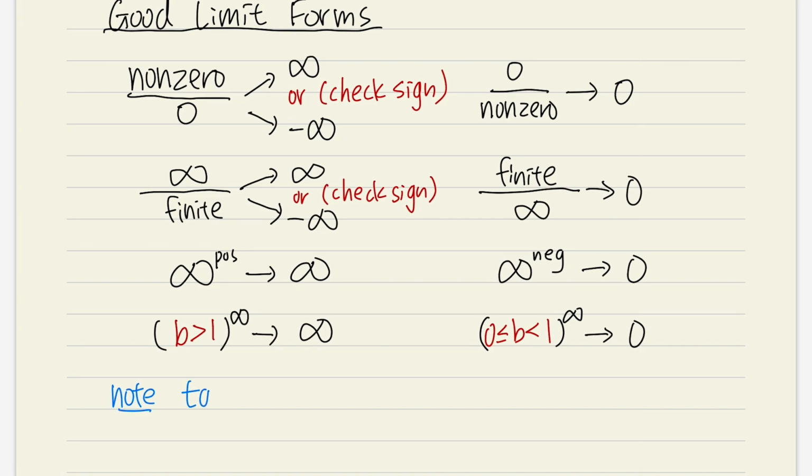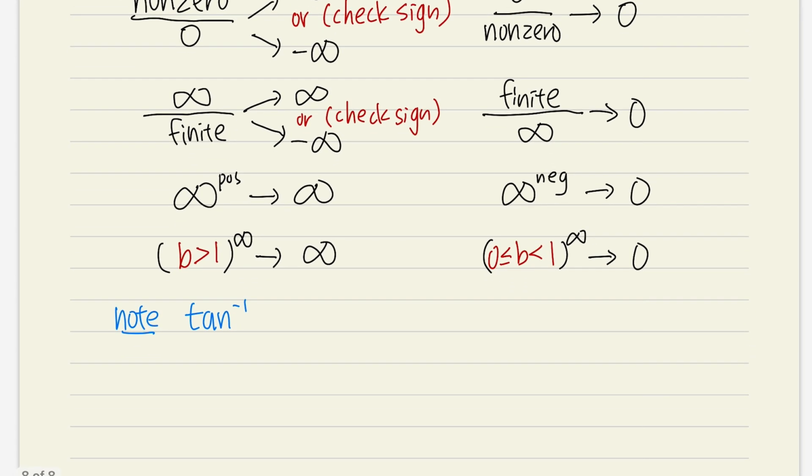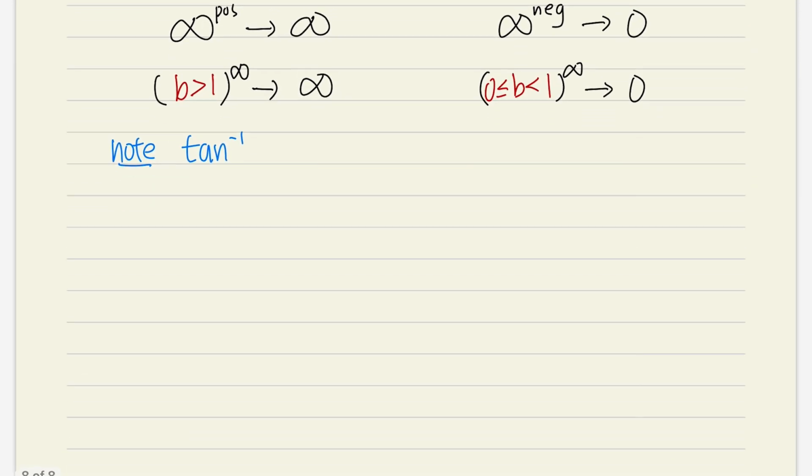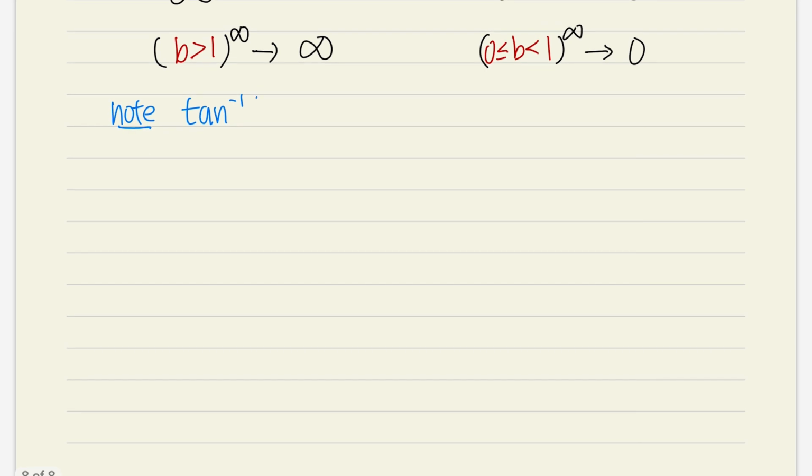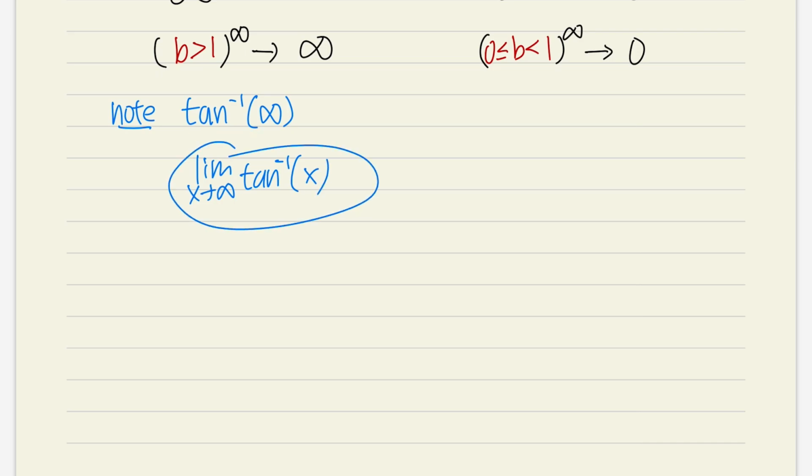If today you are dealing with an inverse tangent, let me just actually go down right here. If you have infinity inside, what I'm really trying to say is the limit as x approaching infinity of inverse tangent of x. Alright, so this is just a notation for this thing.